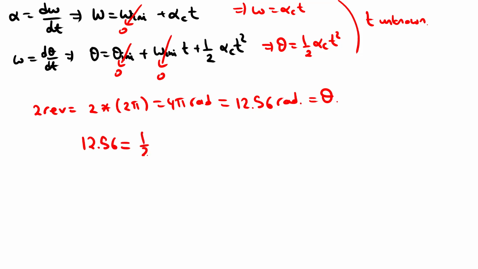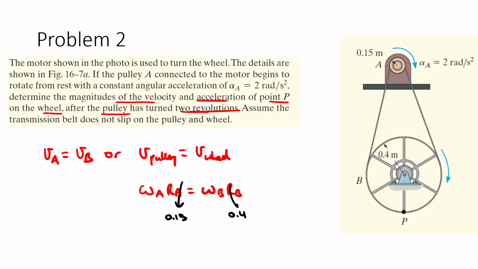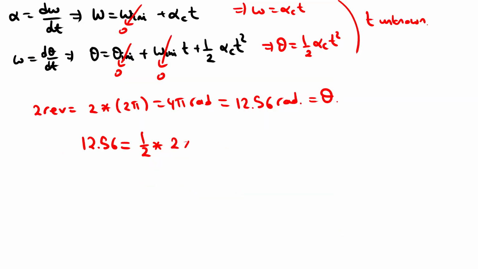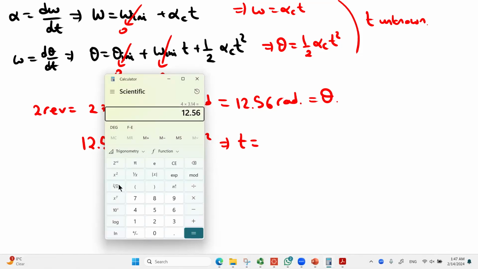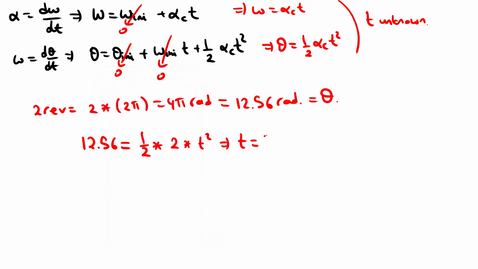It will be 1/2 times 2 times the time squared, and then the time will be the square root of this, which is 3.54 seconds.